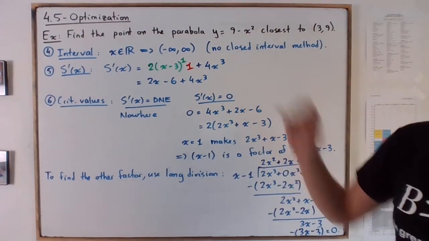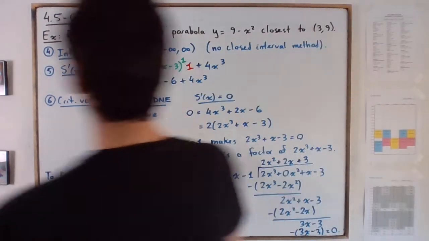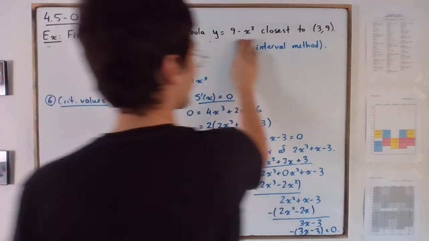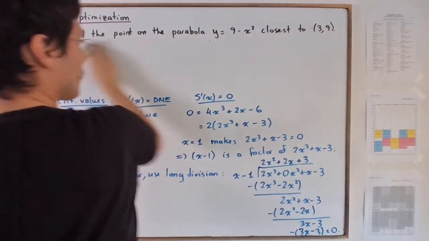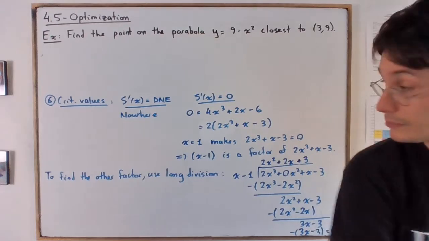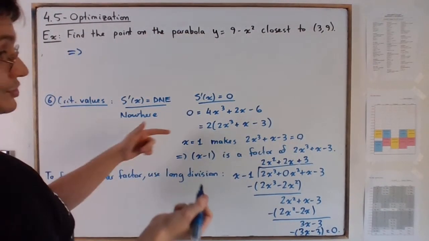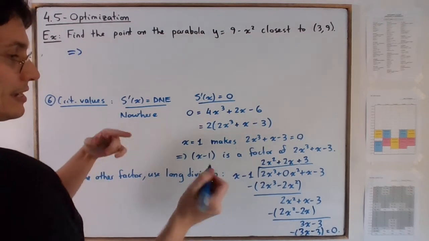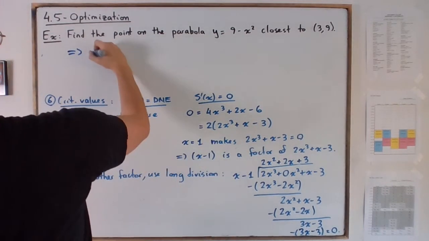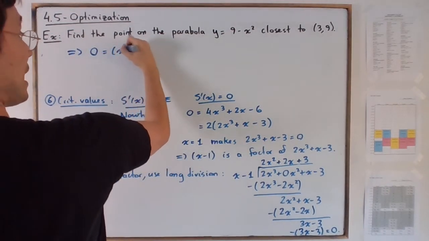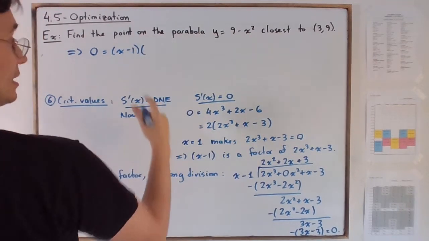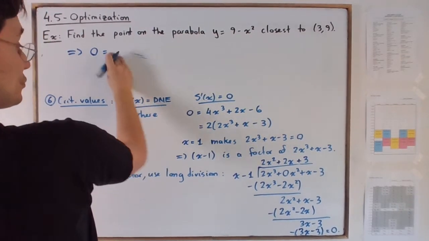Okay, so let's replace. So we have here that 0 is equal to x minus 1 times 2. Okay, I forgot the 2 here.